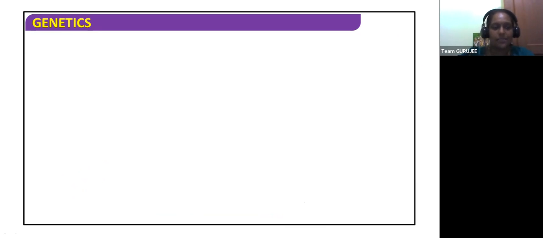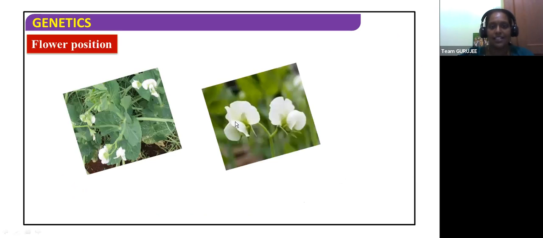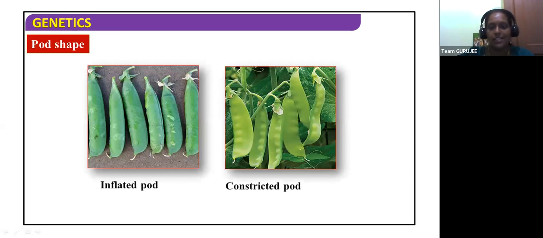Everything has a picture here. So see, these are the white and the violet flowers. Position, axial and terminal. This is the constricted pod. This is the inflated pod. Constricted is like this. Every seed has a constriction. You can see here every seed is visible from outside.